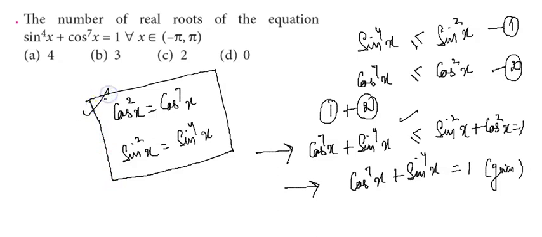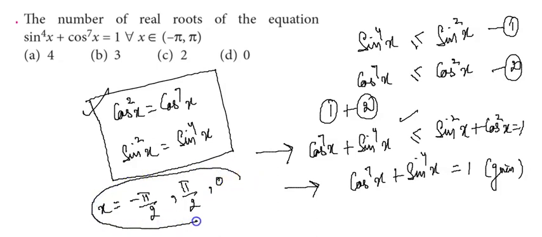Only then this is possible, and this is possible only when x is equal to minus pi by 2, pi by 2 and 0. So these three are the possible values where this equality holds. So we can say the correct answer to this question is 3. We are getting 3 real roots for this equation.